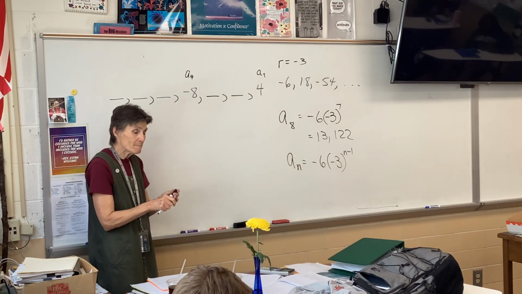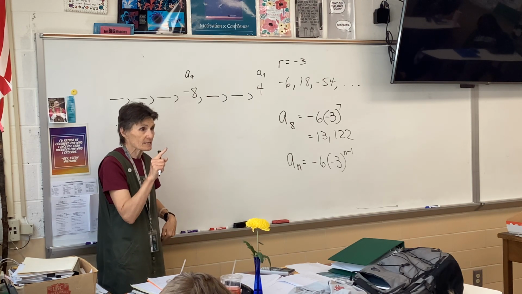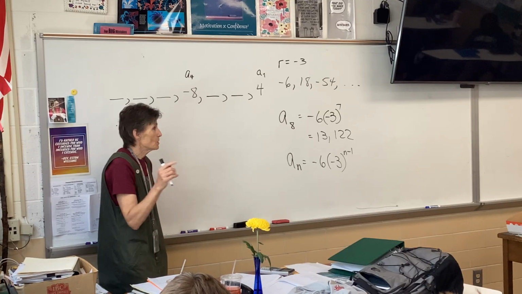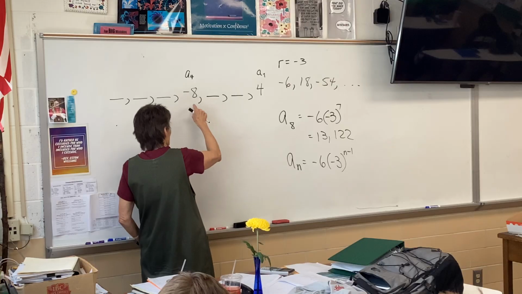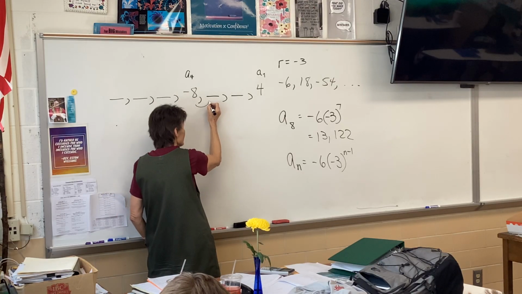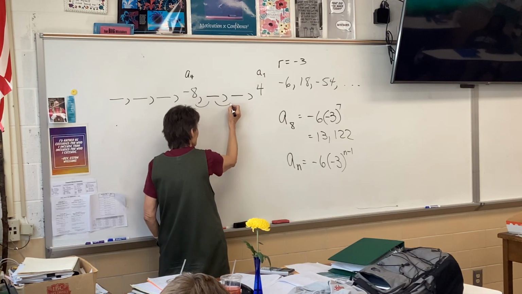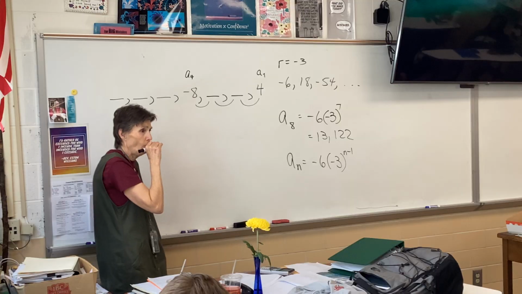Now, what does it mean to be arithmetic? Adding the same thing. So in other words, I'll look at just this part. If I start at -8, I'm gonna add something, I'm gonna add it again, and I'm gonna add it again, and I end up at 4.